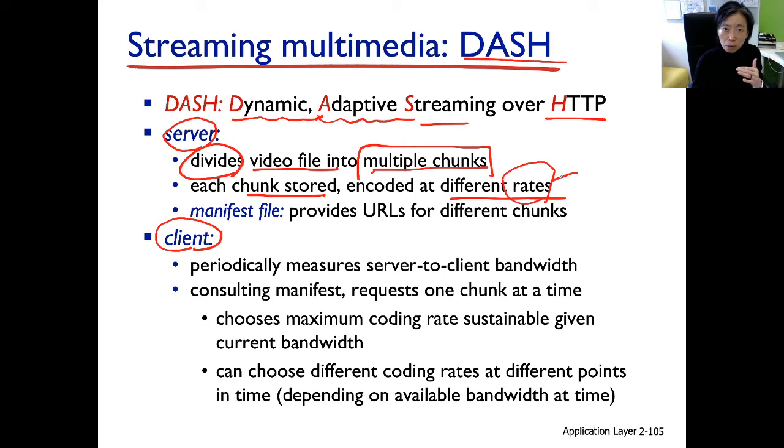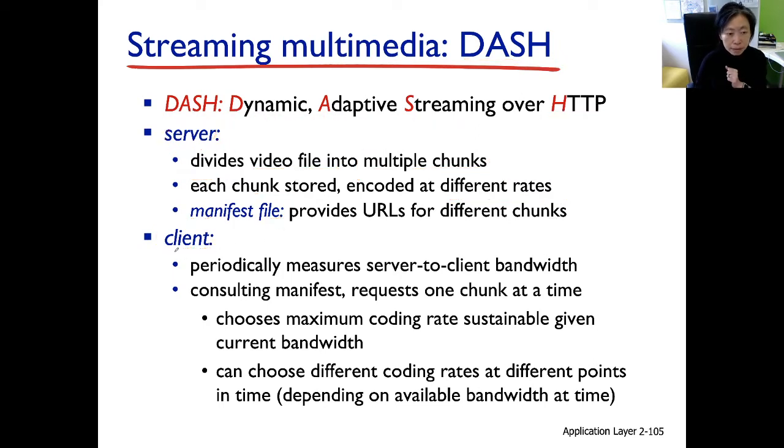When the network bandwidth is not sufficient, we'll have to drop to a lower rate version of a chunk. What's communicated to the client from the server is the manifest file, which provides the location, the address, of all these different chunks at different rates.